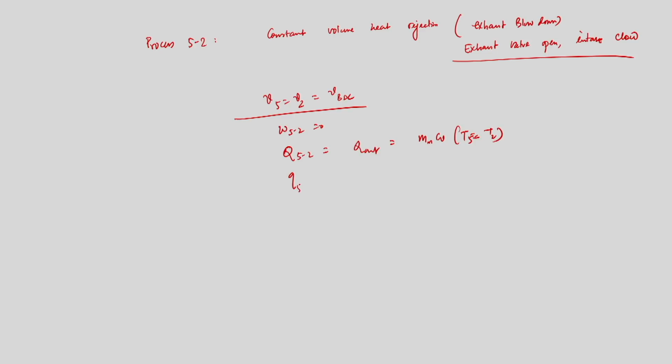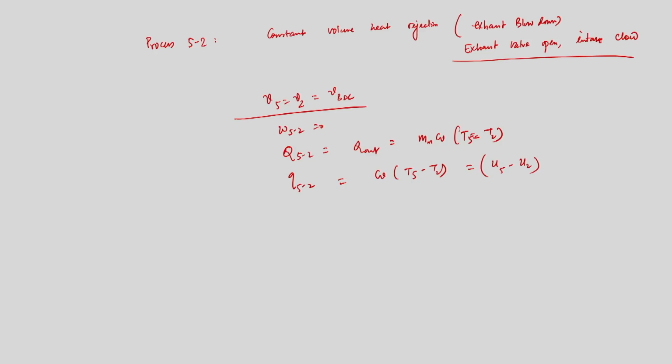So, Q5 to 2 will be equal to CV into T5 minus T2. This is exhaust blow down. So, that is equal to U5 minus U2, right.